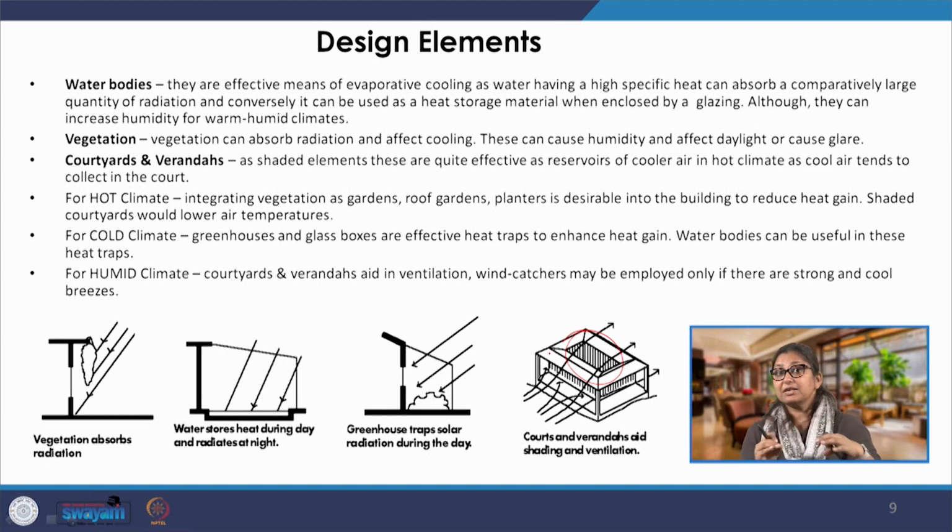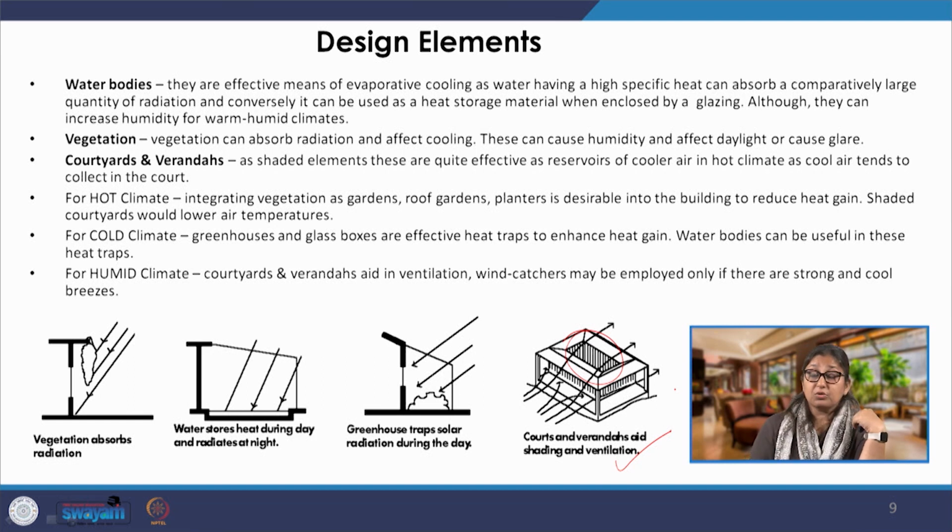That night ventilation will take away the heat; the walls and surfaces of the building will be cooled through the cool air passing through, and we have to allow cross ventilation, and courtyards allow that. So, what type of design element is required? In hot climates, we may use courtyards, and that is why you would see that across the length and width of the country, we have courtyards in traditional buildings.